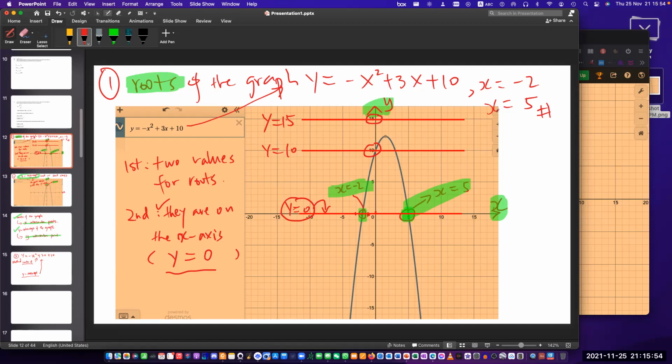This is the y equals 15 level, this is the y equals 10 level, and the x-axis is the y equals 0 level. So that's why, your second observation, they are both on the x-axis, means y is equal to 0. Can you capture this?